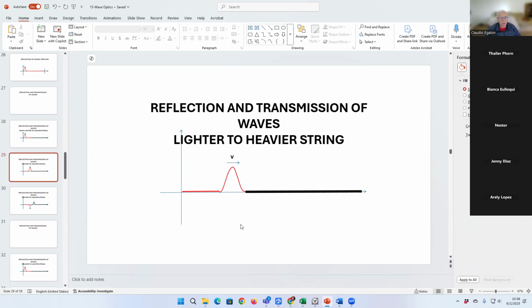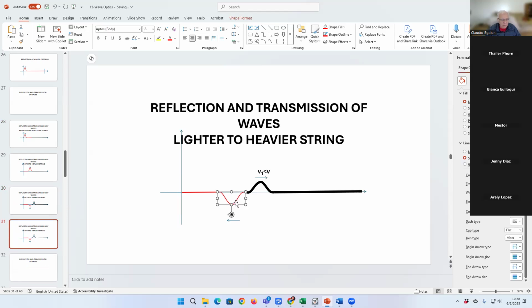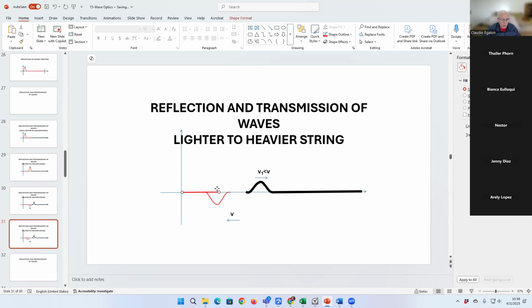It moves towards the heavier, higher density string, and when it reflects upside down, it changes its phase by 180 degrees. Can you remember that? That's easy to remember, right? It kind of makes sense. It's logical.